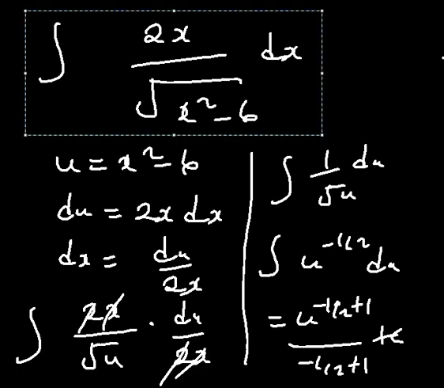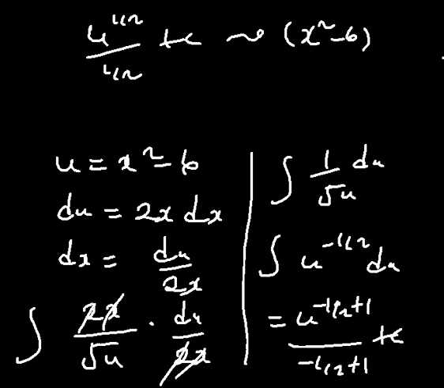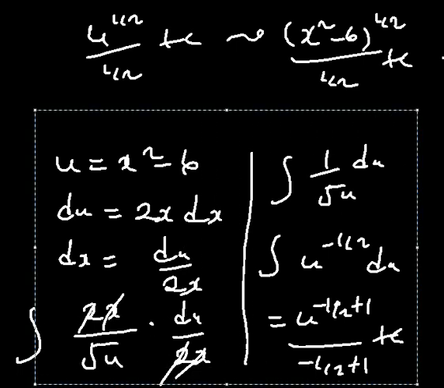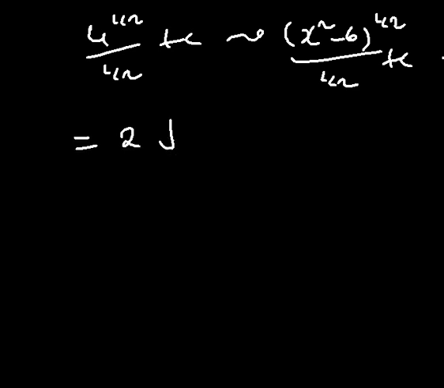What we'll have is u to the power half divided by half plus c. That is the same as x squared minus x to the power half divided by half plus c. And that corresponds to 2 times the square root of x squared minus x plus c. That's the good part of it.